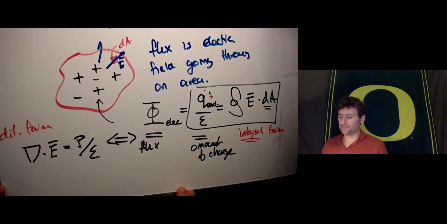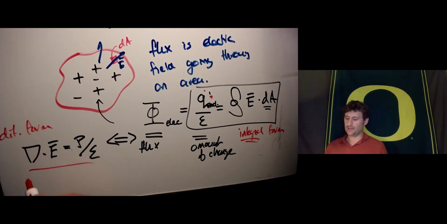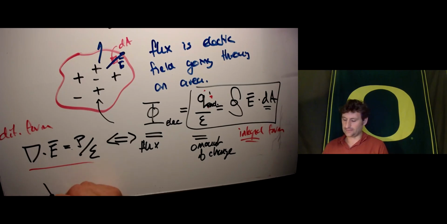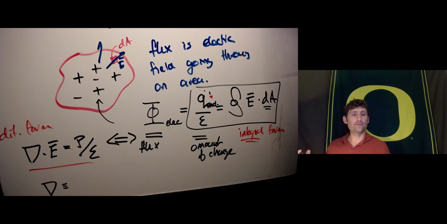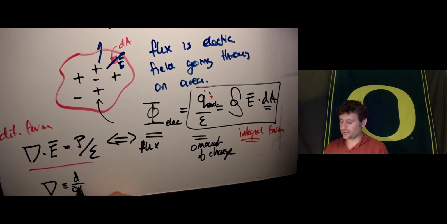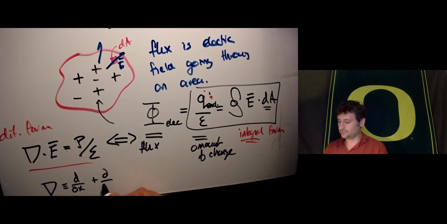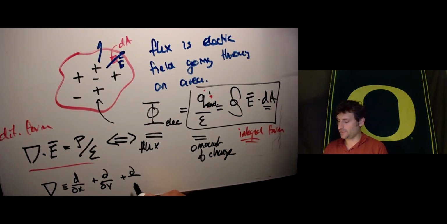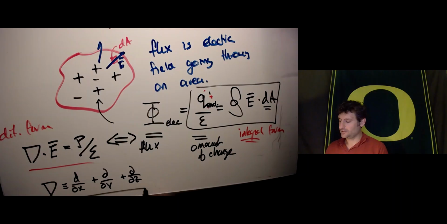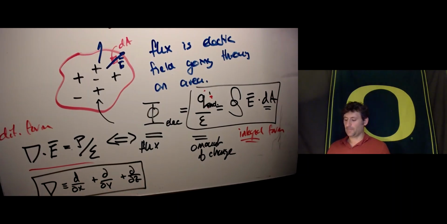Okay, so the differential form is given here, and it has this operator del in it. Del is just an operator from vector calculus that gives us the differential in 3 dimensions. So in Cartesian coordinates, it's this operator. It's just taking the divergence of the electric field in 3 dimensions.